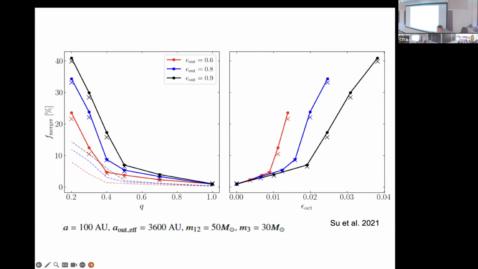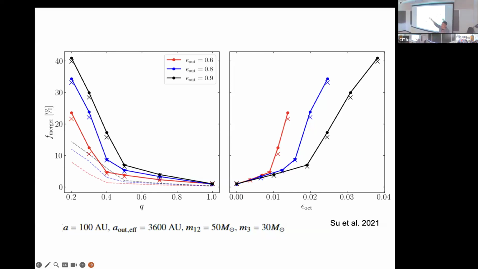Is it in fact reasonable to assume random orientations given the actual formation mechanism? We don't really know. If you look at triple systems, which is the most statistical study, when the third body is relatively close, they tend to be co-planar within 40 degrees.